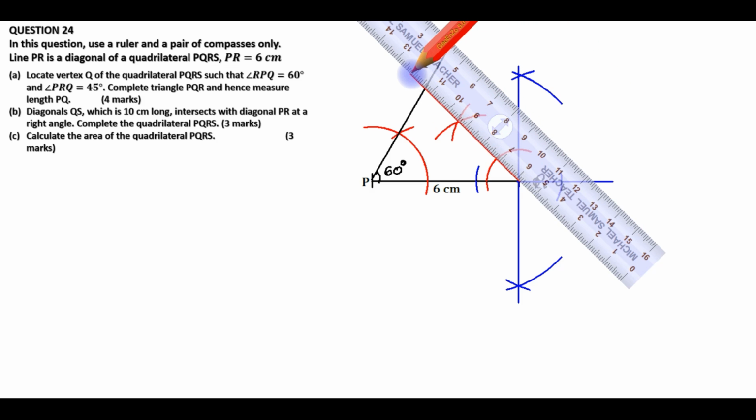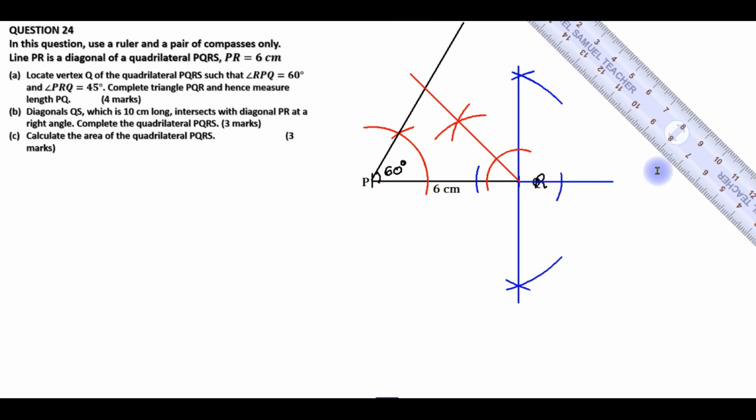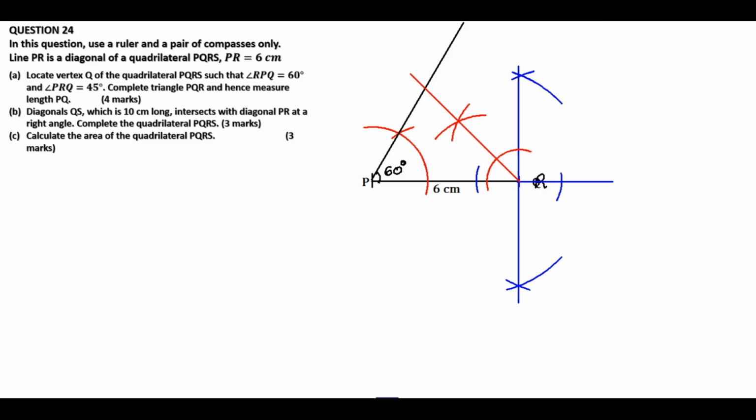So that is the point where they intersect, that is the point. The other point, Q, it will be Q. So this will be point Q. So this angle we have drawn, constructed, is 45 degrees.